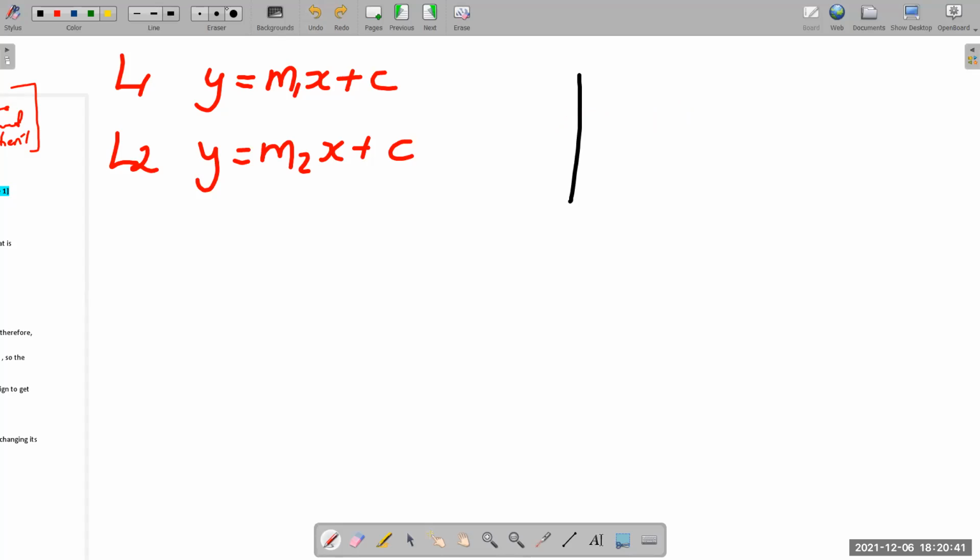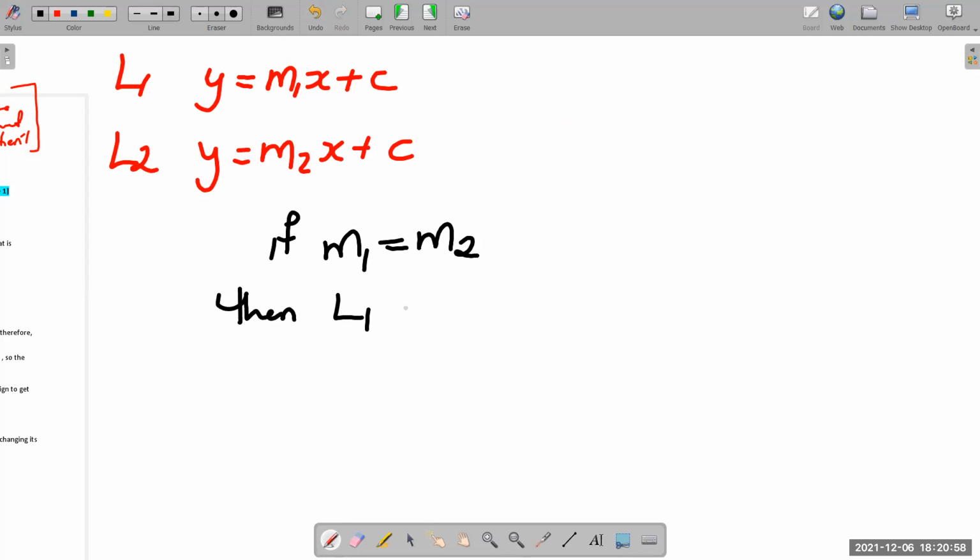So if you have two equations of two lines, if m1 is equal to m2, then L1, which is line 1, and L2, which is line 2, are parallel.